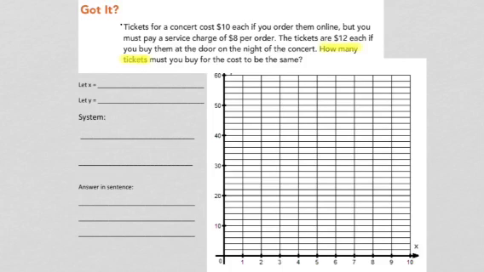So notice here I highlighted how many tickets. So that's the variable I'm looking for. So to define my variable, I'm going to let x equal the number of tickets. And what is the other variable?